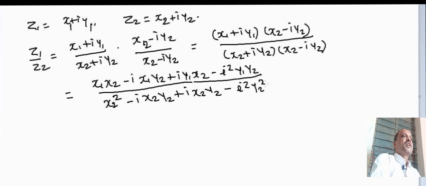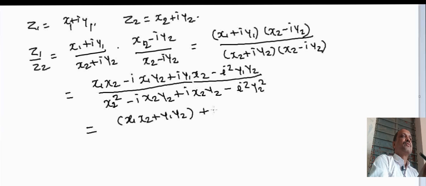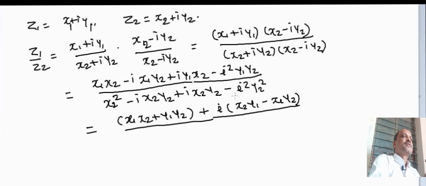So, we can see that i square is minus 1, minus minus becomes plus, and in the numerator we get x1 x2 plus y1 y2 plus i into (x2 y1 minus x1 y2), where i is taken common. In the denominator, the minus and plus cancel, and we get x2 square plus y2 square.